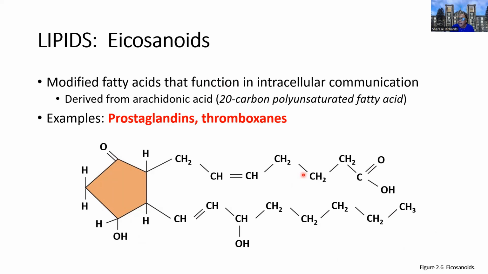Now, the function of eicosanoids generally, but more specifically these 2 examples, is signaling molecules. They're really important for communication and sending signals. Thromboxanes, more specifically, are going to be important for blood clotting.